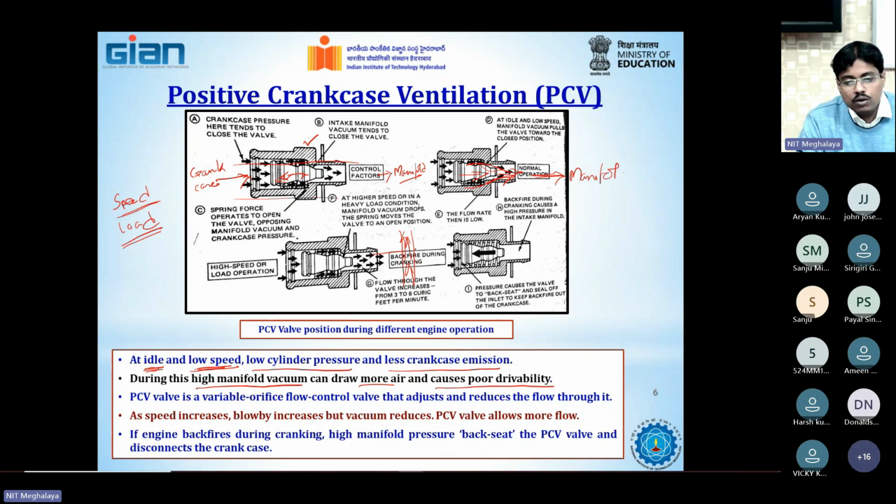Whatever fuel quantity you supply to the engine, it will burn and give power. So you can now supply more air through the main intake manifold inside the combustion chamber, so that you can run at stoichiometric, close to stoichiometric, or maybe in the lean operating range, so that your fuel economy is good.